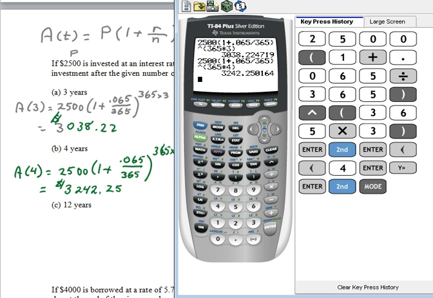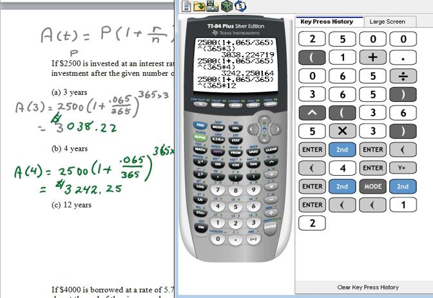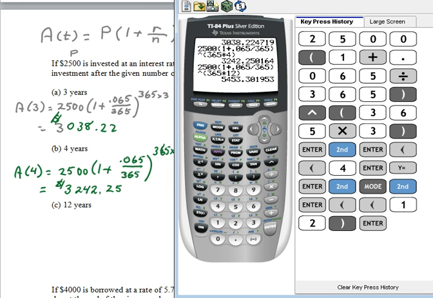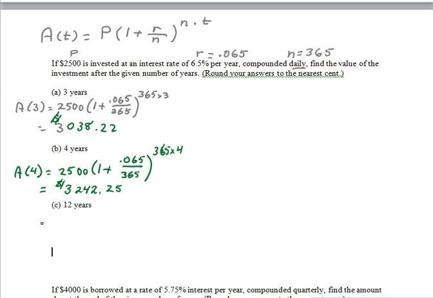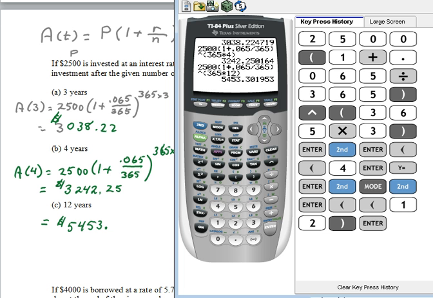So now I'm going to go second, enter, go back to enter 12, close the parentheses, hit enter, and we get $5,453.30.